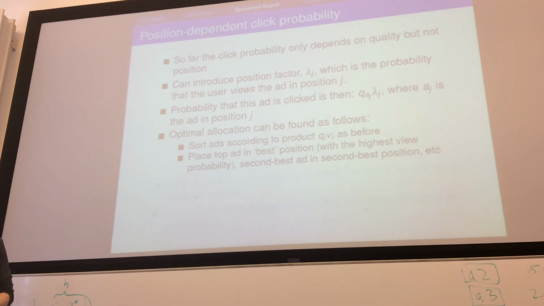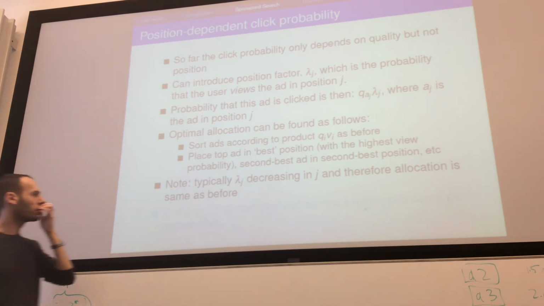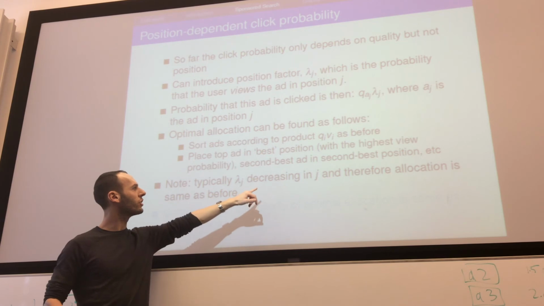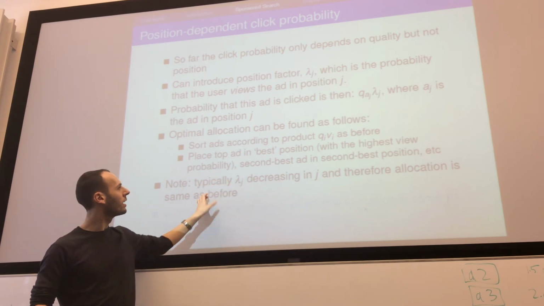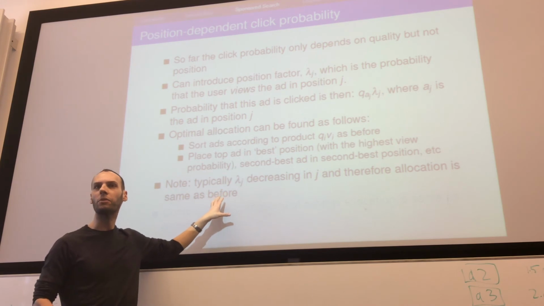Okay? So, in particular, if we have a decreasing situation where lambda_j decreases in j, so the top position has a higher view probability, then the allocation is exactly the same as before.